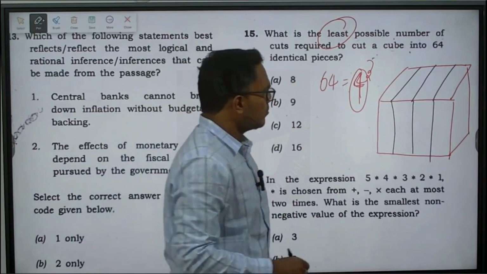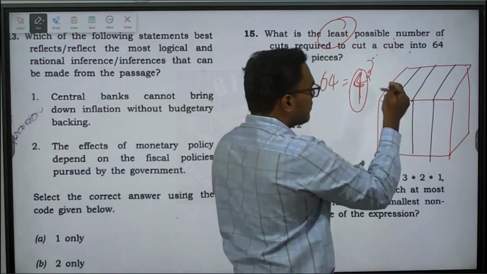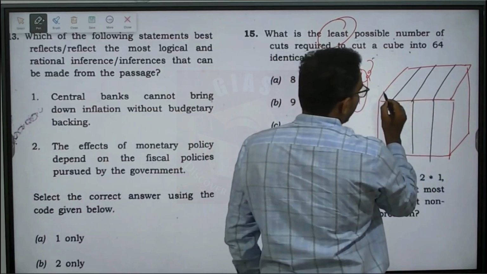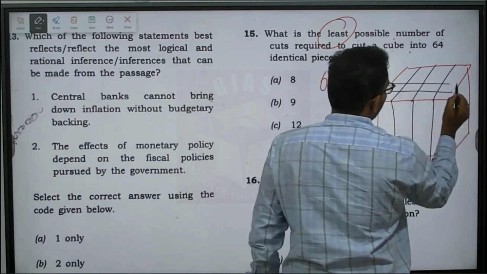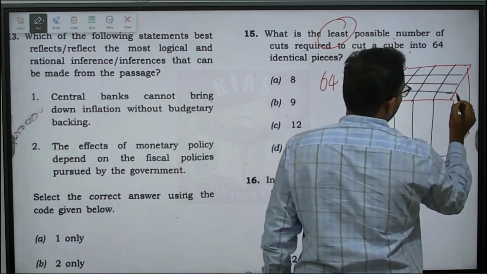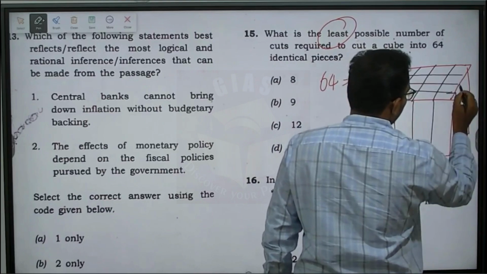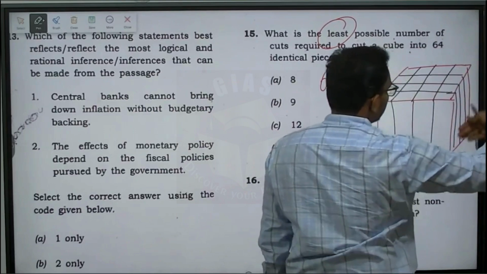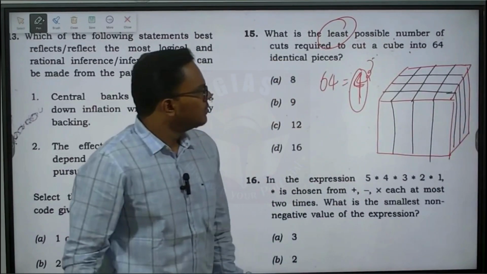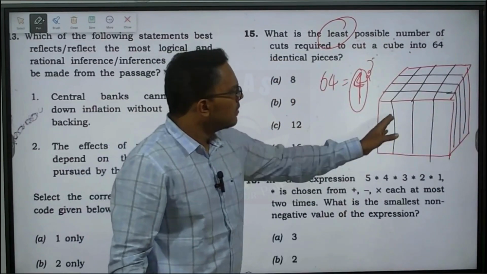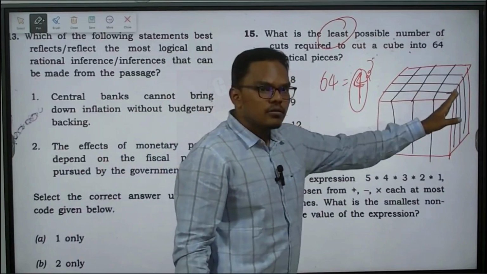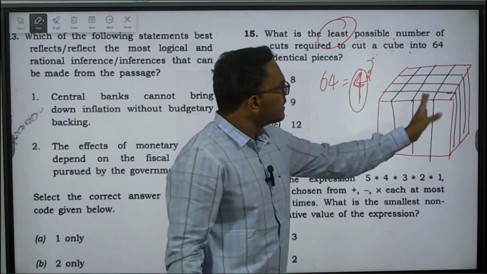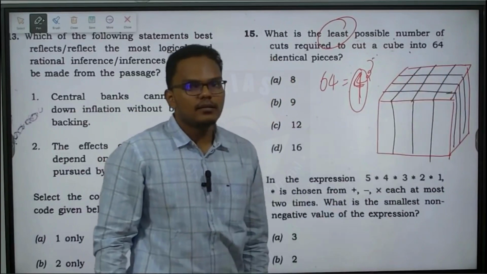Now turn the cube and cut it this way. Again 1, 2, 3. I'm cutting it like this. So now you'll have 4 on this side and 4 on this side, so now you'll have 16.